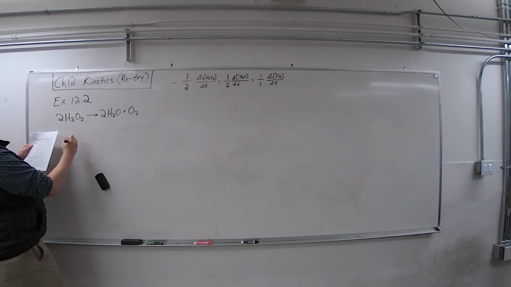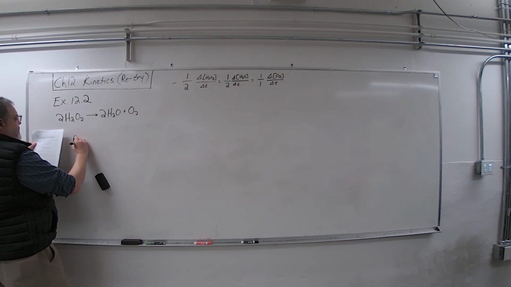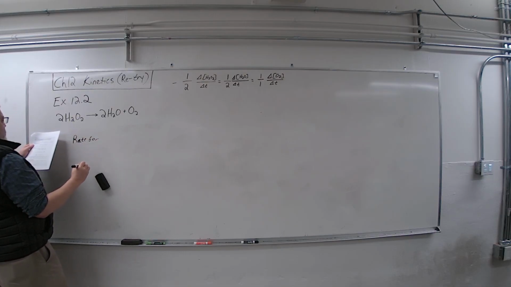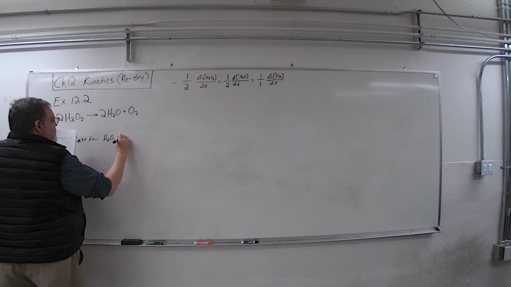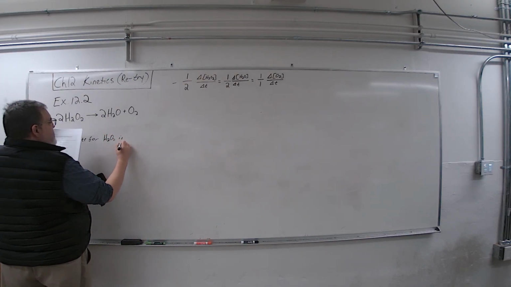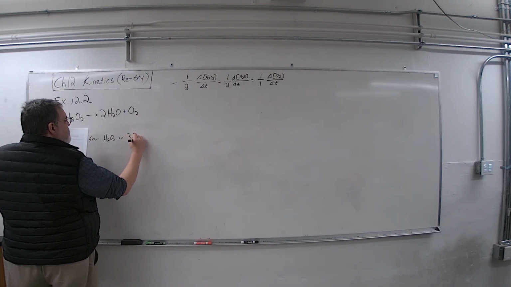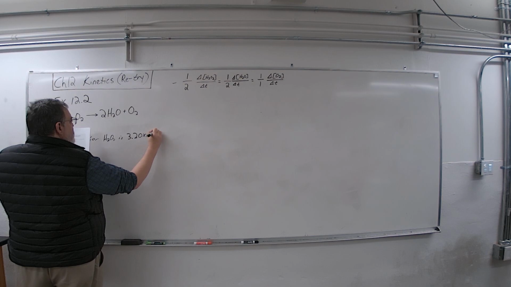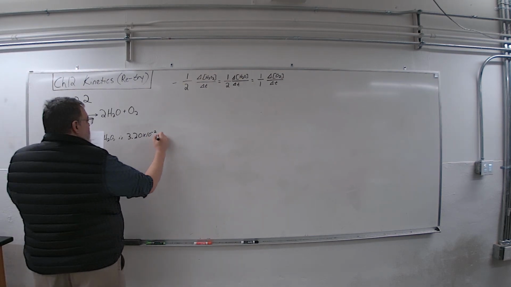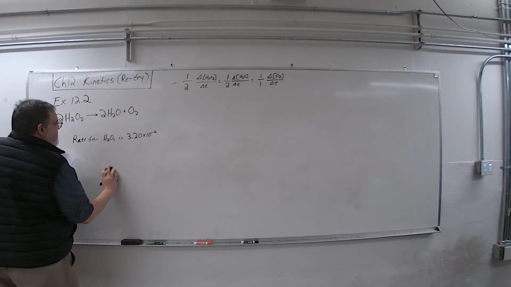What they tell you is the rate for H2O2 is 3.20 times 10 to the -2. And of course they put the moles in there.